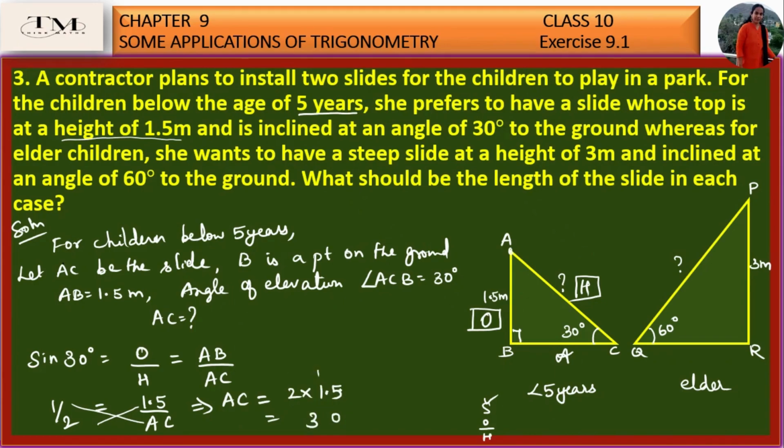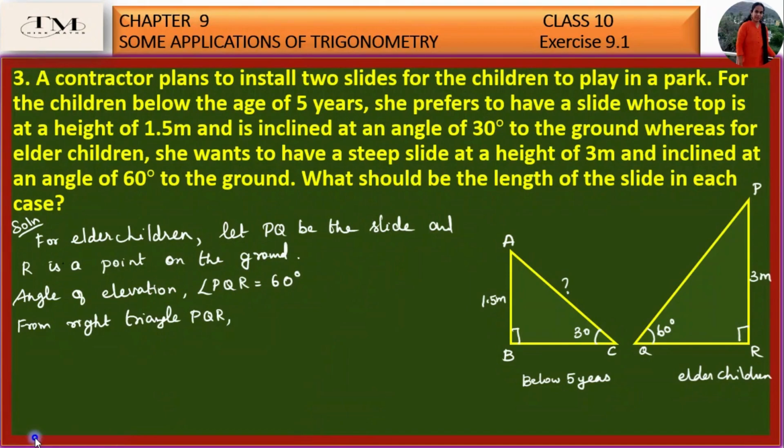So put a decimal before 1 digit. So it is 3.0, which is nothing but 3. So AC is equal to 3 meter. That means the length of the slide, which is for the children below 5 years, is 3 meter. So let us find out the length of the slide for elder children in the next page.